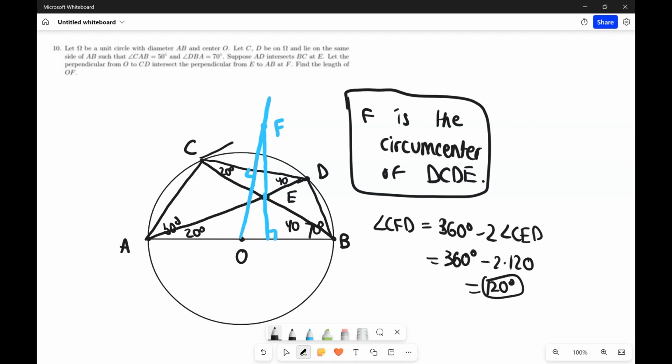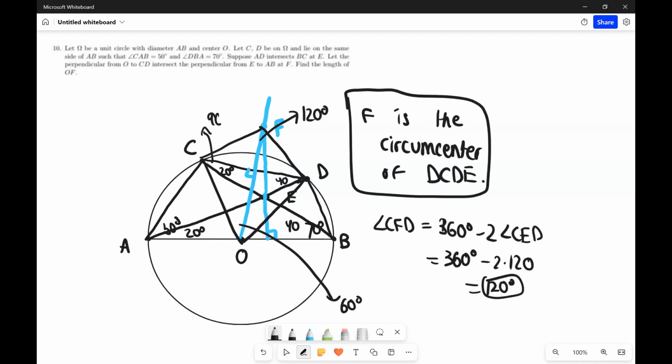So now we have that these angles here, we calculated them all. This one is 60 degrees, and this one is 120 degrees. And this implies that angle COD plus angle CFD is 180 degrees. So angle FCO is equal to angle FDO, which sum to 180 degrees, which means that they are both 90 degrees.